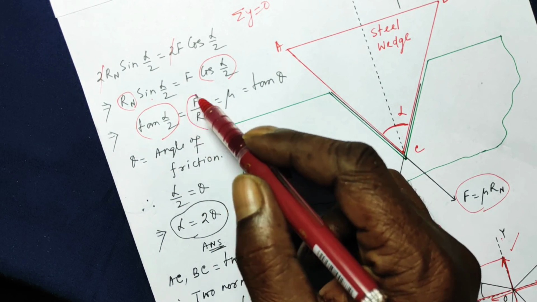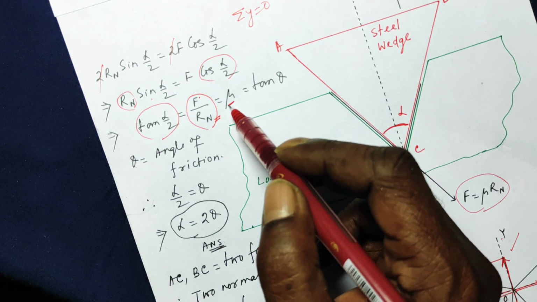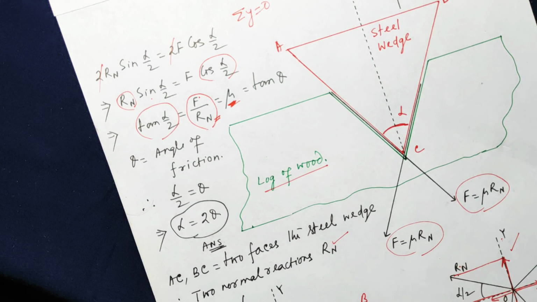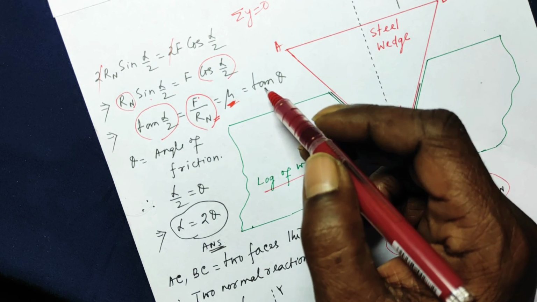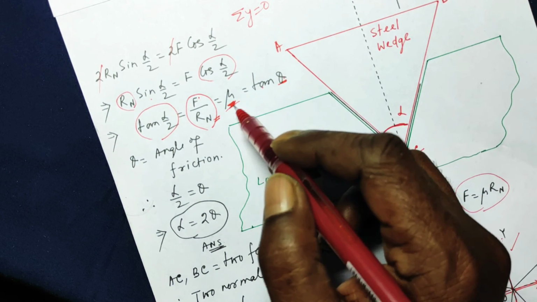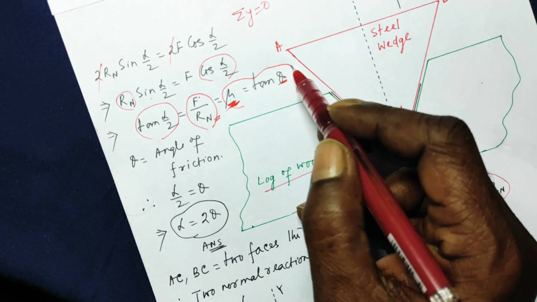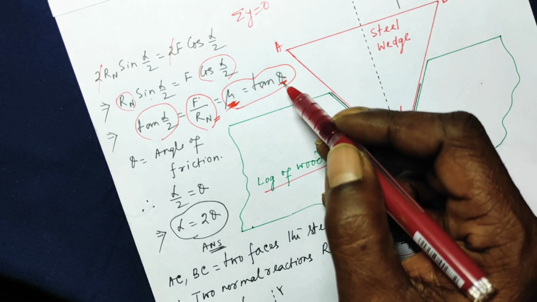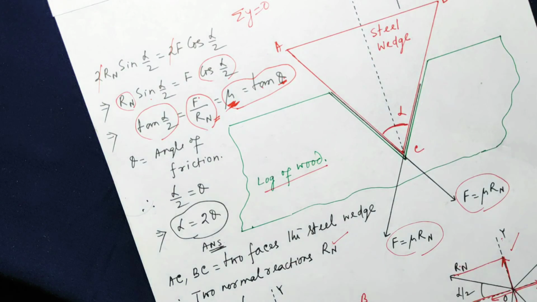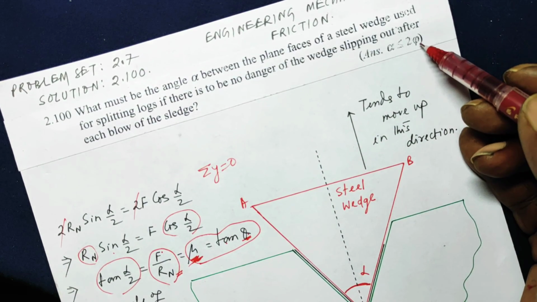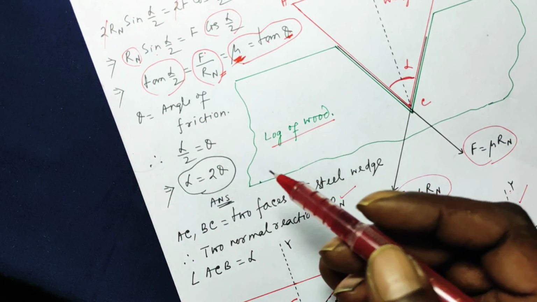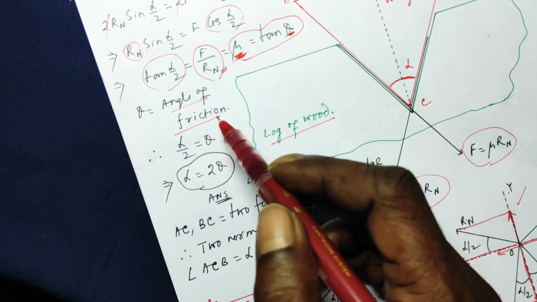Force of friction by normal reaction, as you know, is nothing but the coefficient of friction. And if you consider theta as the angle of friction, we know tangent of the angle of friction is the coefficient of friction that we studied in your school days. I took theta, in the book it has been taken as phi. So theta is the angle of friction.